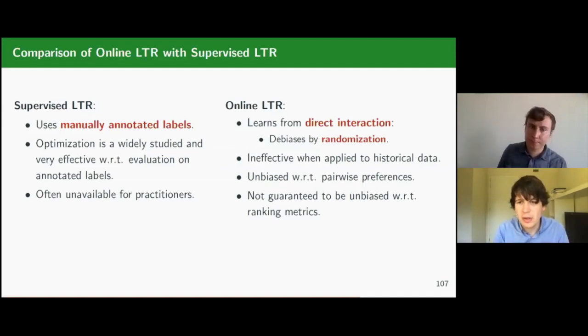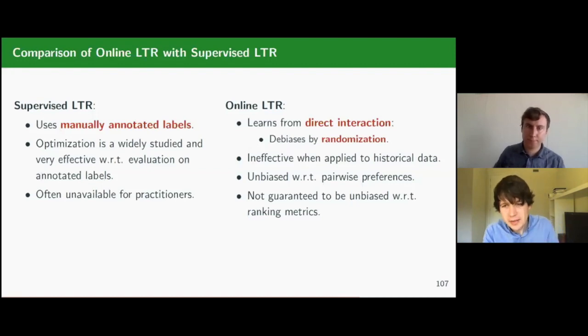So these algorithms are interactive. They decide what to display and how to learn from the way people interact with what you displayed. It turns out these methods are very ineffective when applied to historical data. We didn't discuss that here, but there's some work that shows you can't use this on clicks in the past like you can for counterfactual learning to rank.